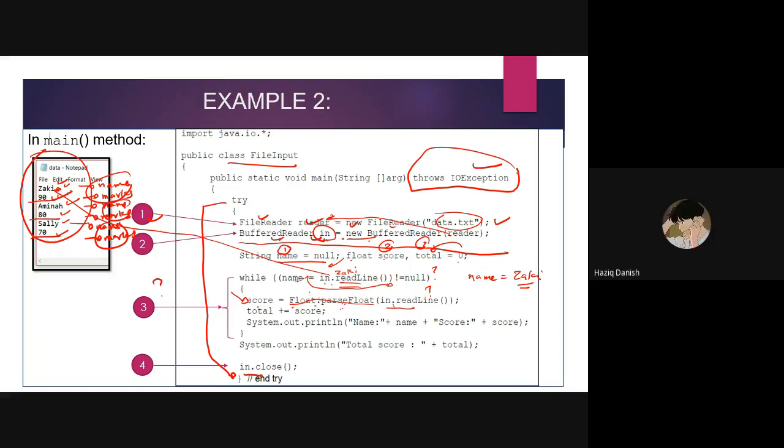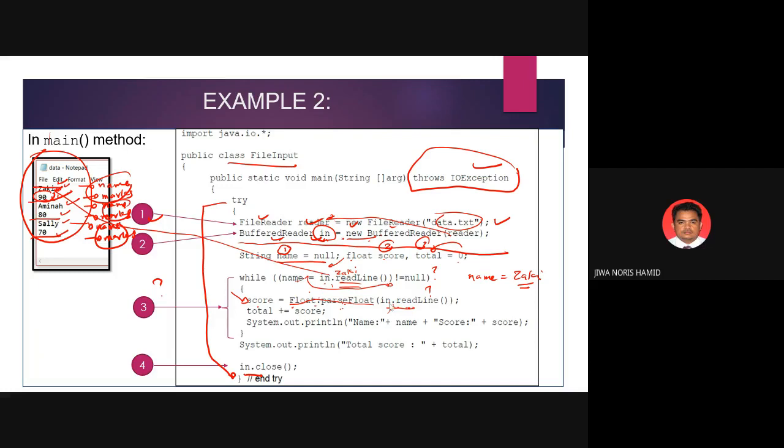Because here, name equal to in.readLine, dia dah baca Zaki. So, bila you buat yang second in.readLine, dia akan pergi ke 90. 90 actually is a float. Bila you baca in.readLine, readLine dia akan baca in the form of string. Dia akan jadi nilai tu string.